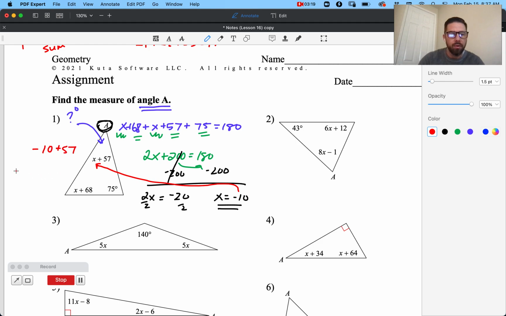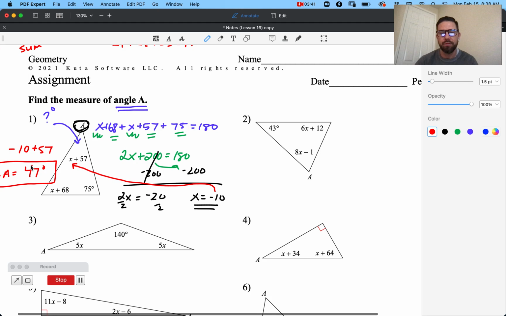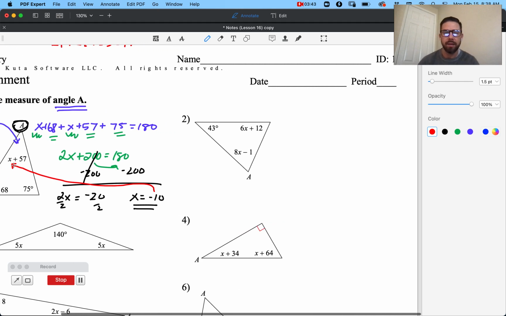The measure of angle A equals 47 degrees. Super simple. Add up all the angles, set them equal to 180, solve for x, and then plug that x back in for angle A. And that's it.